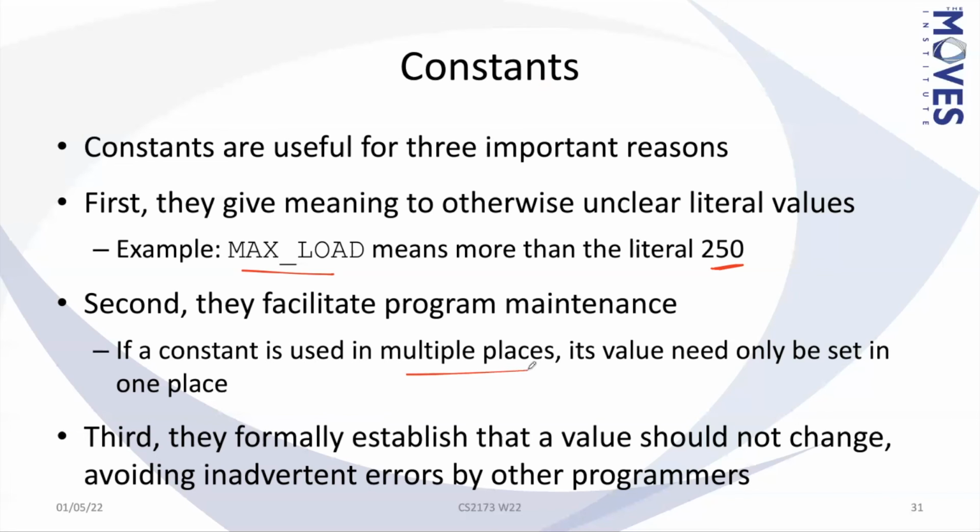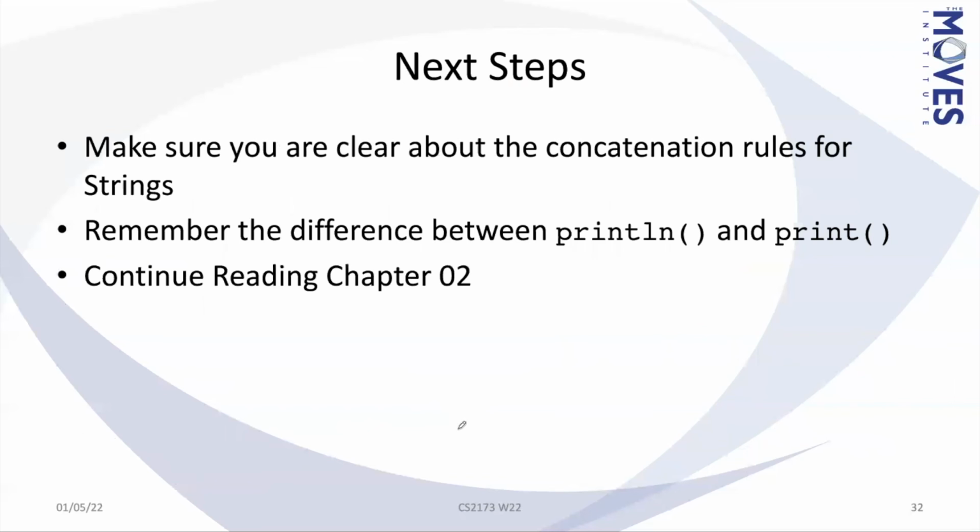And if I have a value that shouldn't change, then putting a comment that says don't change this isn't the best way to do it. If I make it final, then it can't. It literally cannot change.